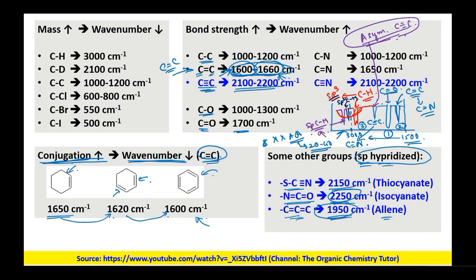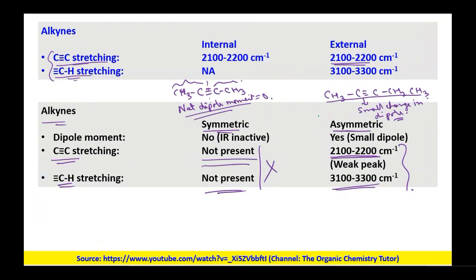Let me change the color. Let me use another color. There will be a broad peak like this. So this green peak is due to the carboxylic acid OH stretching.